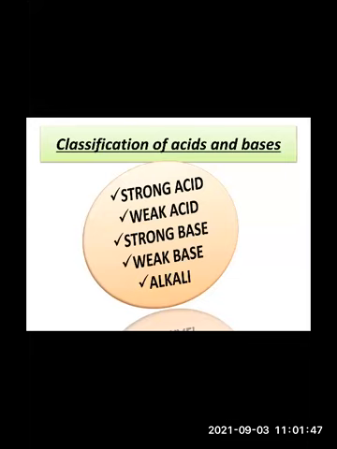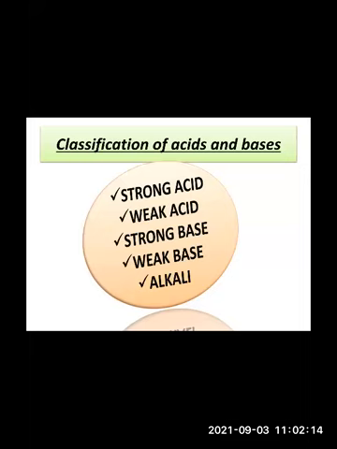Now what did Arrhenius say a base is? A base is a substance which on dissolving in water gives rise to OH minus ion as the only anion. Like we have sodium hydroxide, calcium hydroxide. Now bases are again of two types: weak base and strong base, and alkali. Now what is a strong base?